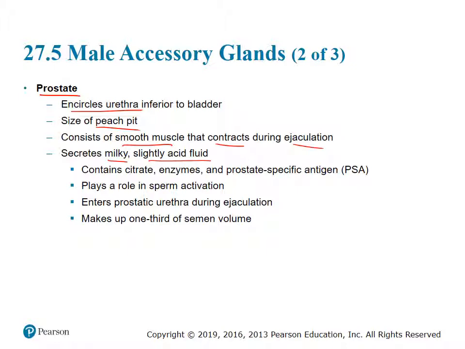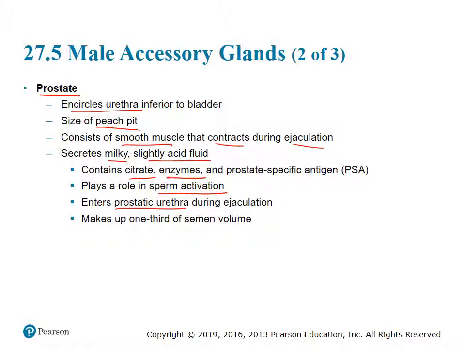fluid, right? So it does have citrate and these enzymes, and this activates sperm, causing sperm to become even more motile. It kicks the motility up for the sperm. Those tails move much faster when this gets secreted, and that's really the function of the prostate fluid.